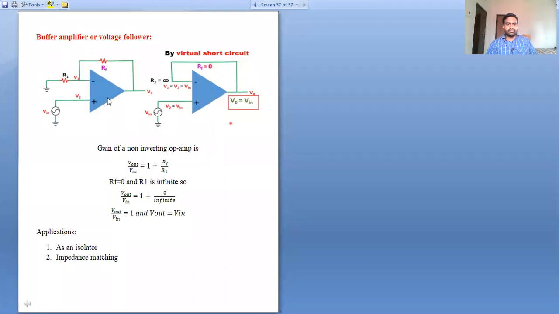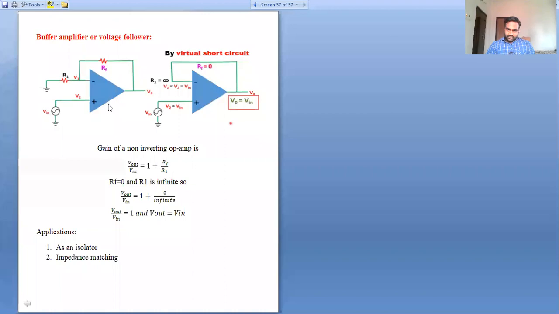So what is the definition of a voltage follower or buffer amplifier? In a voltage follower or buffer amplifier, the output voltage is proportional to the input voltage of the same magnitude. That means the output voltage V0 is equal to the input voltage V input at the same magnitude.